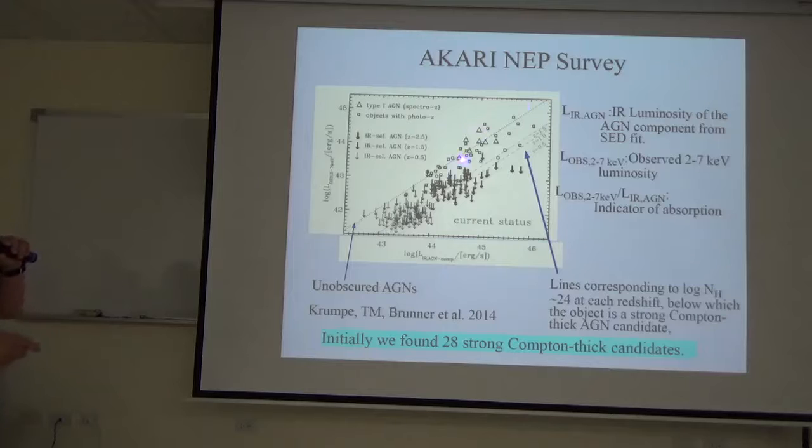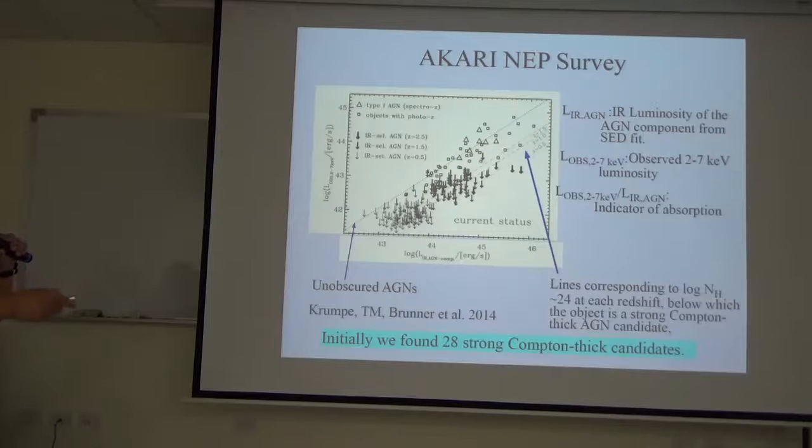These triangles are for known type 1 AGNs, and more or less they line up on this line. But there are a whole bunch of sources down there.